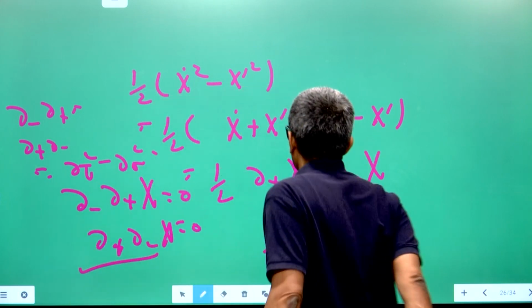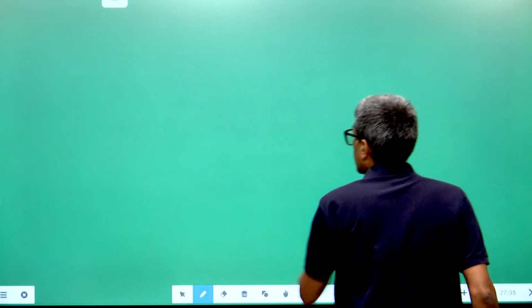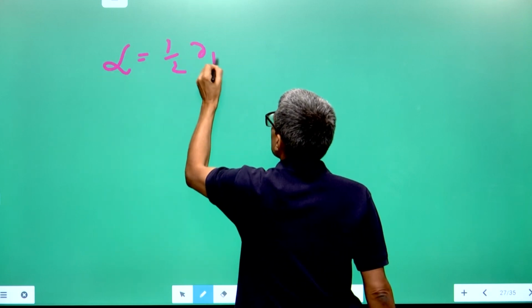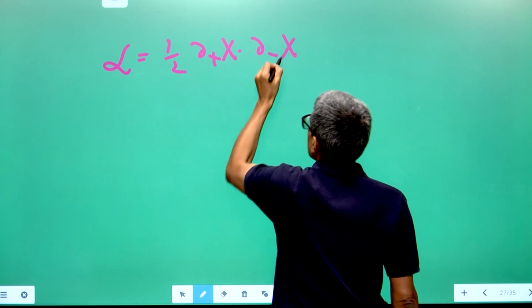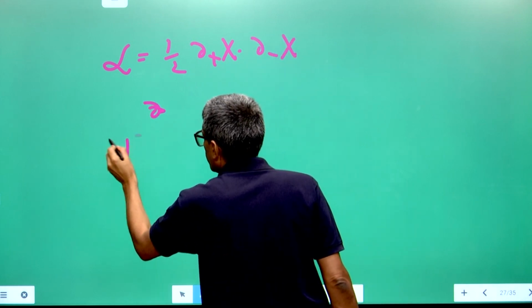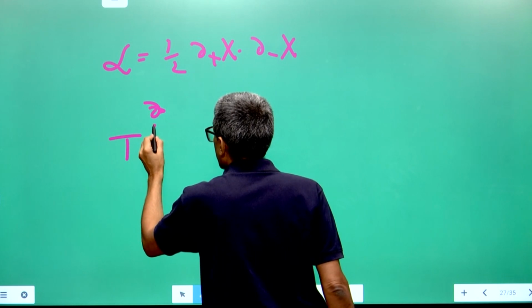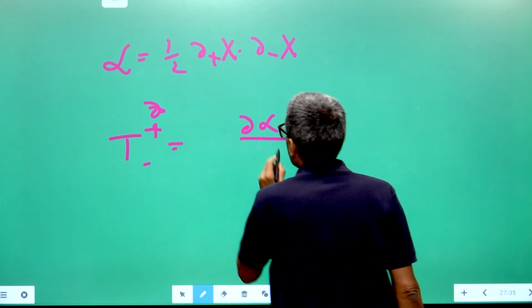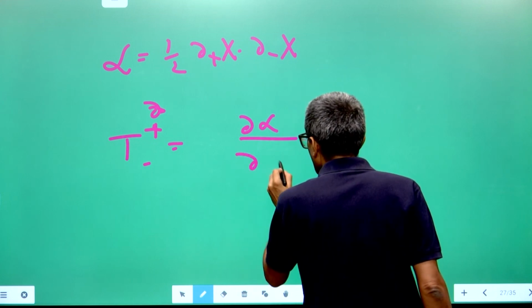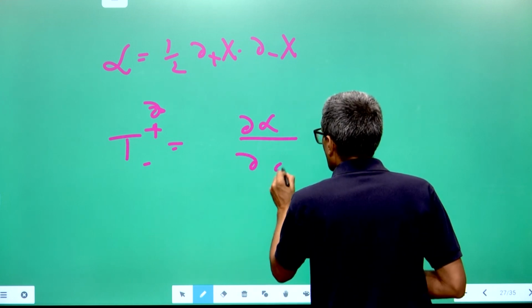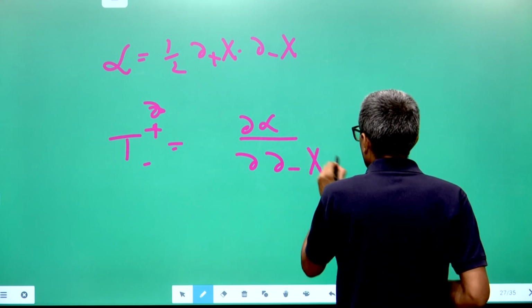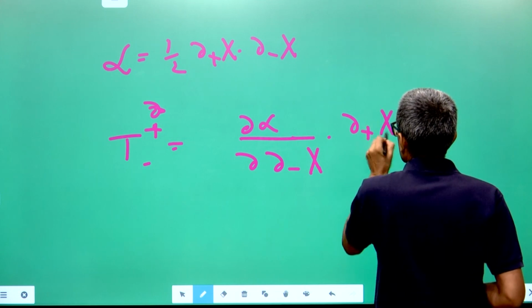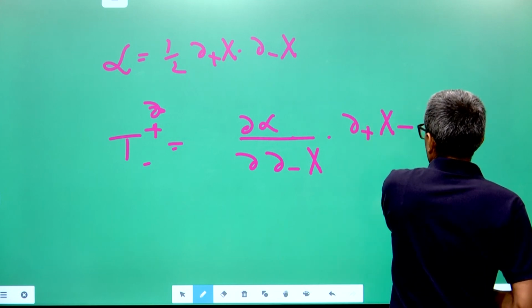But if you write down the energy momentum tensor in this coordinate system, what do you get? You write L as half del plus x dot del minus x. So T plus minus will be equal to del L by del (del minus x) dot del plus x minus L delta minus plus.